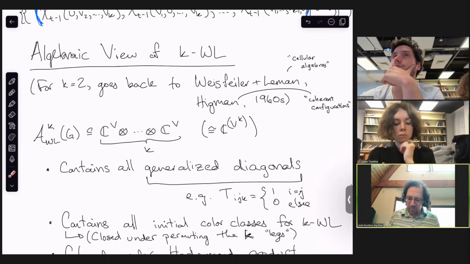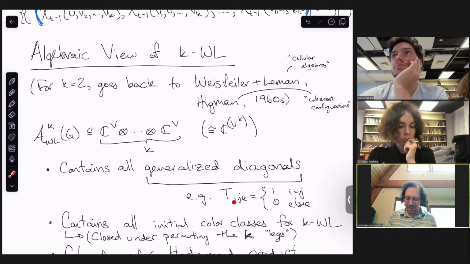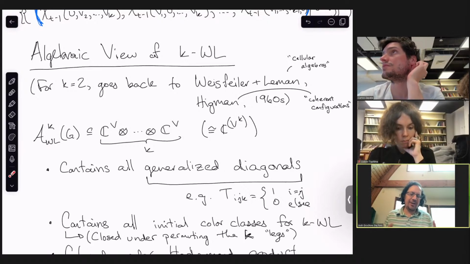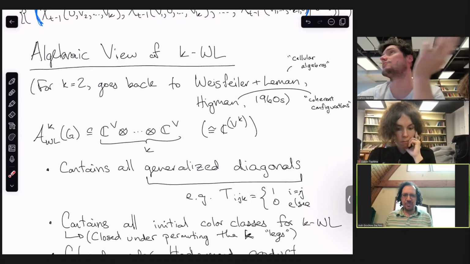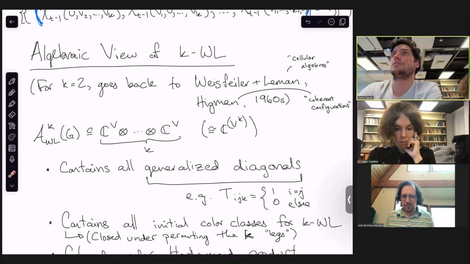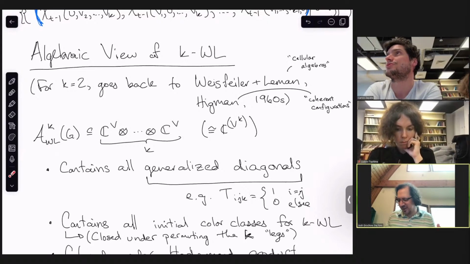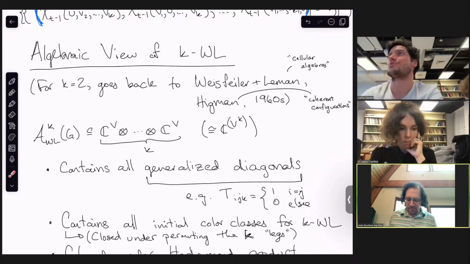So in the 3-dimensional version, one of the generalized diagonals looks like this. It's the tensor T, where T_ijk is 1 if and only if i equals j. Right. So this is sort of like a generalized identity matrix or generalized diagonal. Yeah, I think we call them in our paper partial identities in general. Partial identities, right? Yeah. Good. So right. Okay.